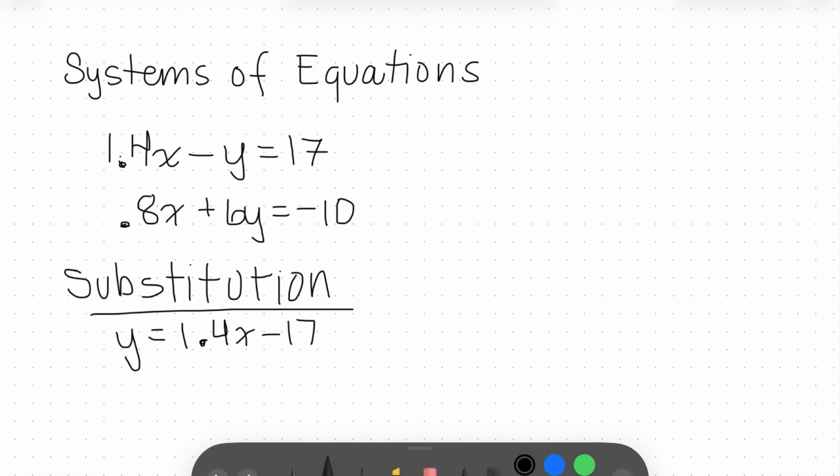And then I've got y, and since I know what y is, I can substitute this in this equation for y. So let's do that.